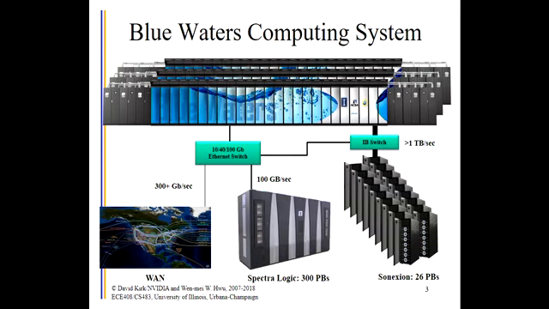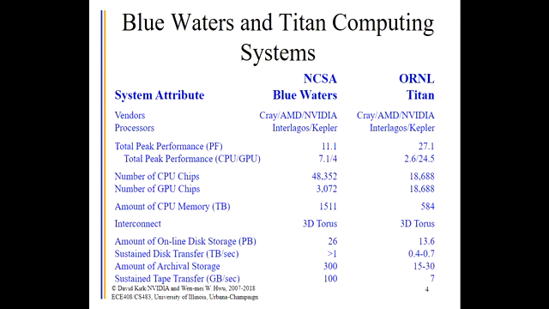If we go deeper into this, we actually have a similar sister system called Titan at Oak Ridge National Labs. The Blue Waters system is a National Science Foundation system. It serves most of what we call the open science teams, and the Oak Ridge system is a Department of Energy system.